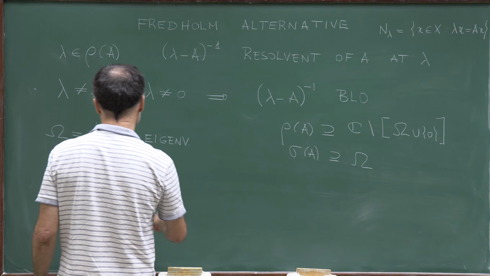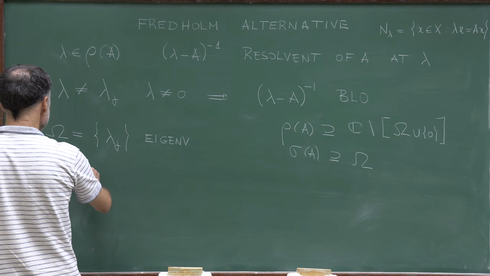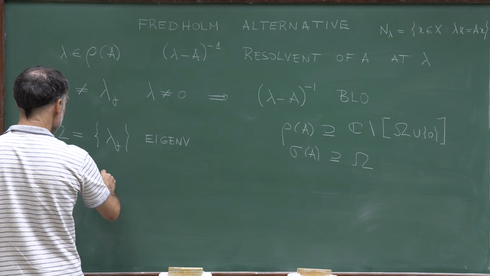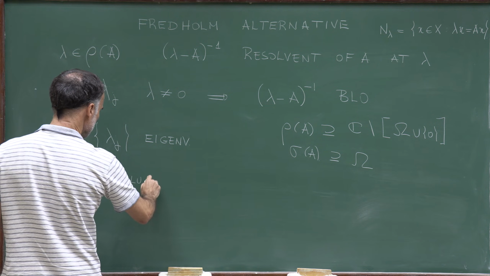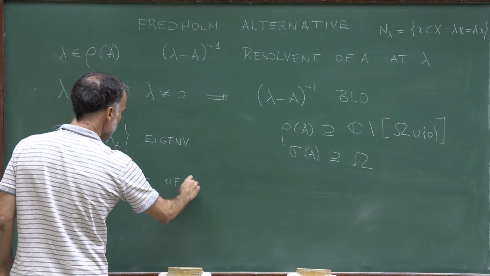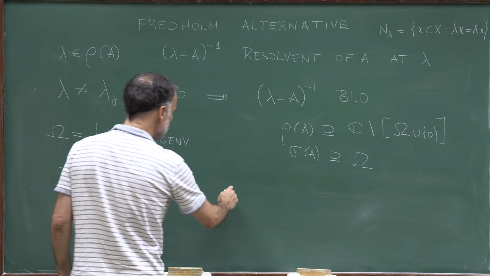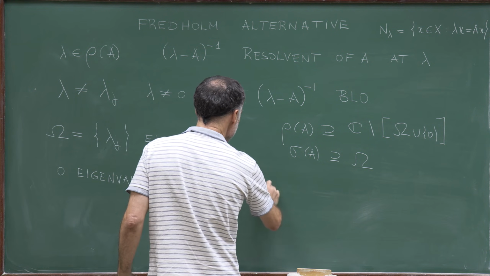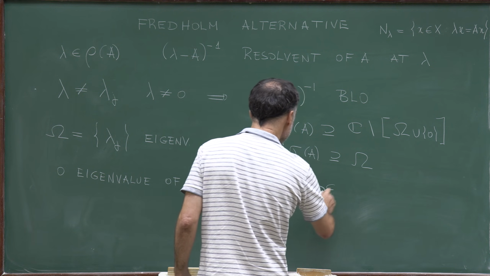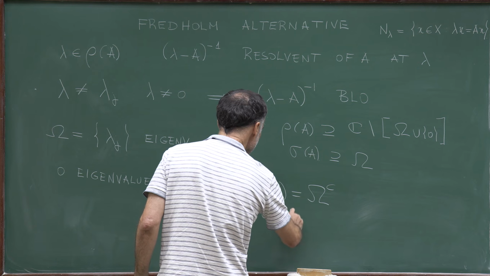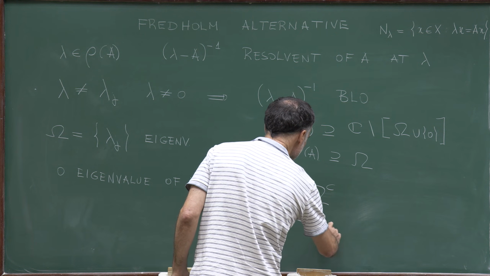So this gives you a complete description in the case in which 0 is an eigenvalue. If 0 is an eigenvalue of A, then rho of A, the resolvent set, is the complement of omega, and the spectrum of A is omega.